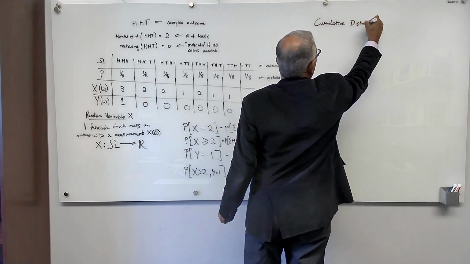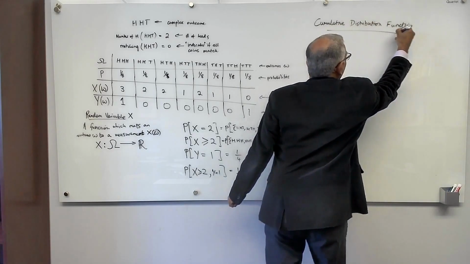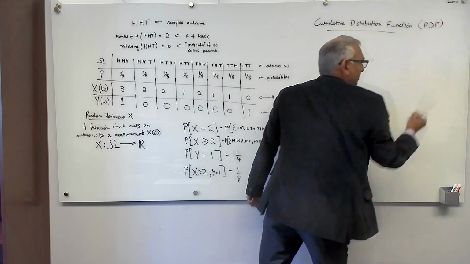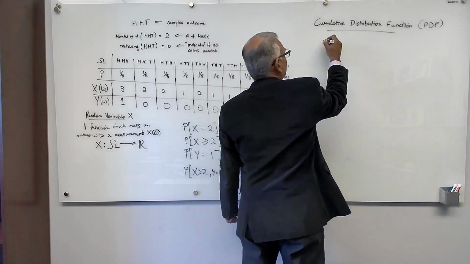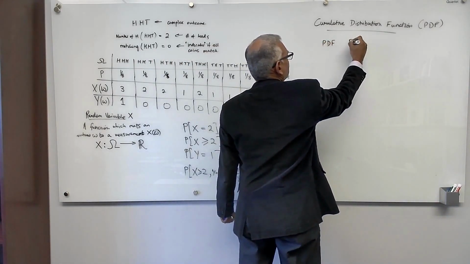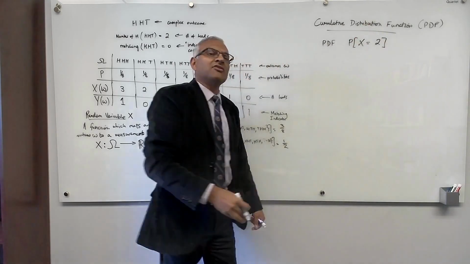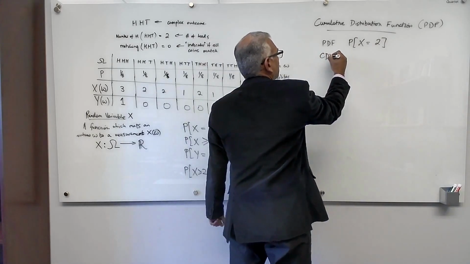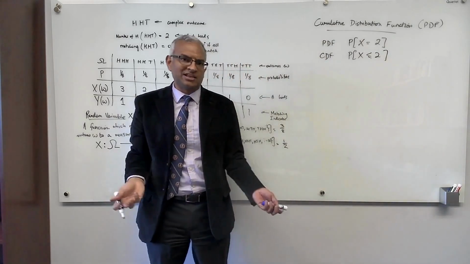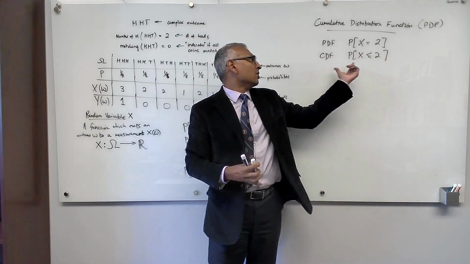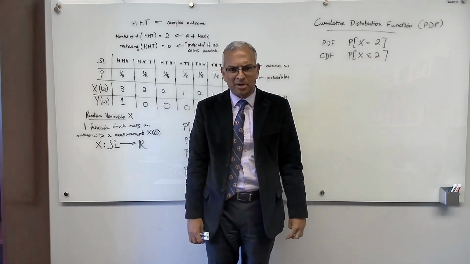This is related to the PDF, and you can read all about it in the text. Basically, the PDF asks the question, what's the probability that x is equal to, let's say, 2? The CDF captures the probability that x is less than or equal to 2. So as opposed to equal to, less than or equal to. That's another common way of analyzing a random variable x, through the CDF, and you can read about it in the text.